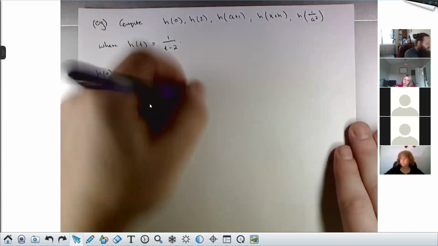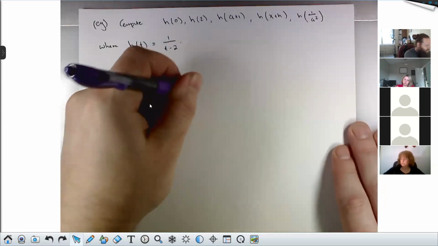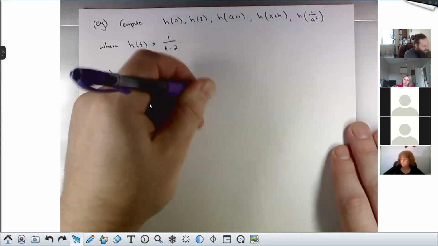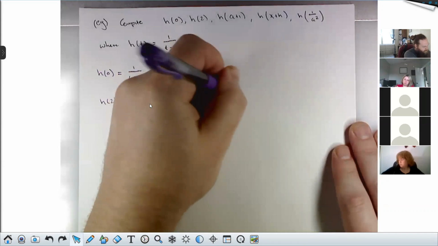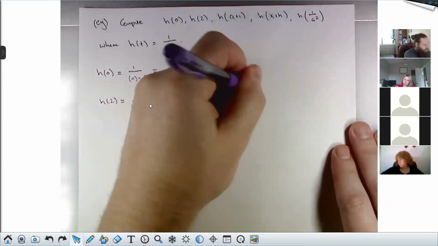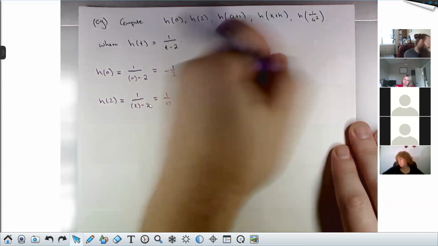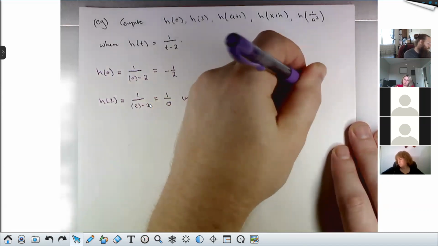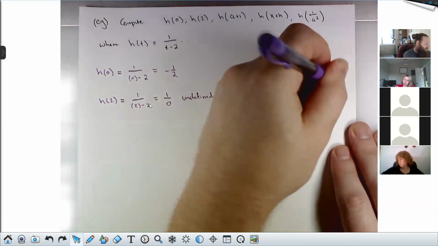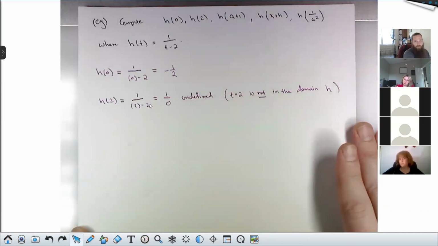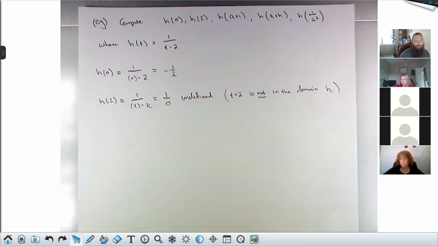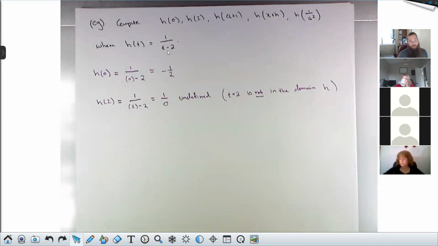We would say this is undefined. And a little comment here, t equals 2 is not in the domain of this function, h. All right, in fact, we could find the domain. It's all real numbers except for 2.